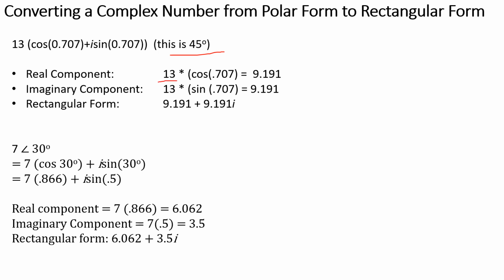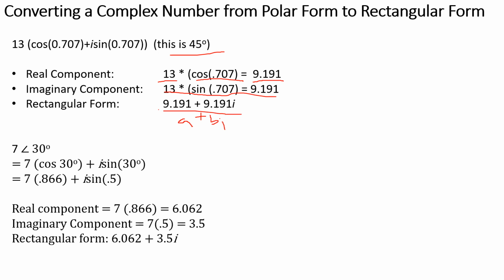My real component is going to be 13, the radius, times cosine 0.707, which is 9.191. And the sine of 0.707 times 13 is 9.191. So what's the rectangular form, backwards, my a plus bi? It is 9.19 plus 9.19i.